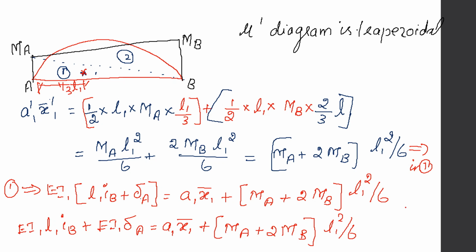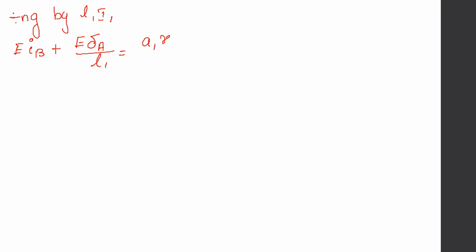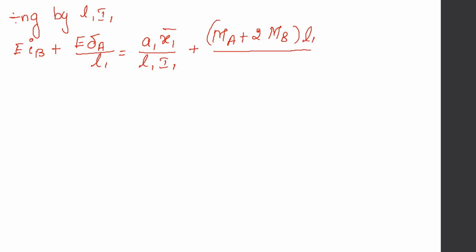Now, we will divide this equation. Dividing this equation by L1 I1, we get E into IB plus E into delta A by L1 is equal to A1 x1 bar by L1 I1 plus MA plus 2MB into L1 by I1 into 6.